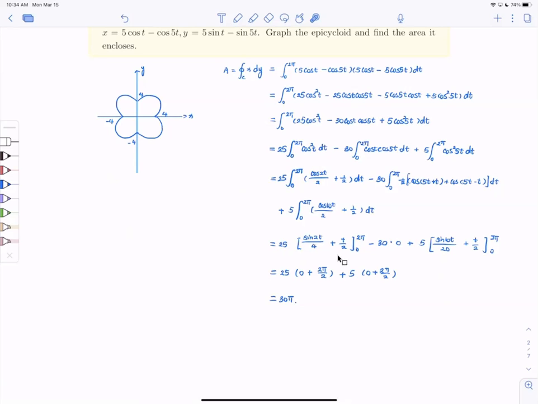The only difficult part is going to be evaluating the integral. You can use symmetry. Yeah, you can do that if you want to.